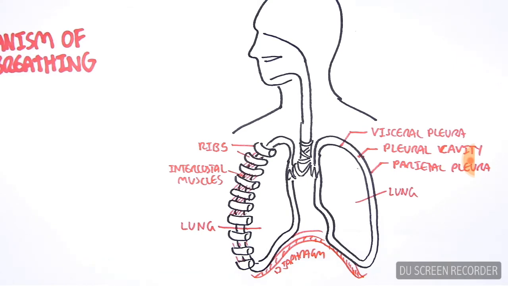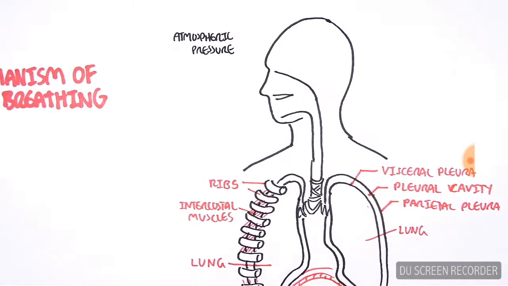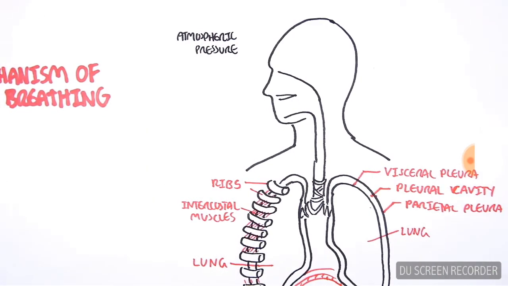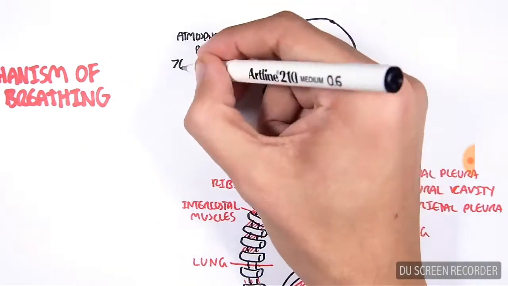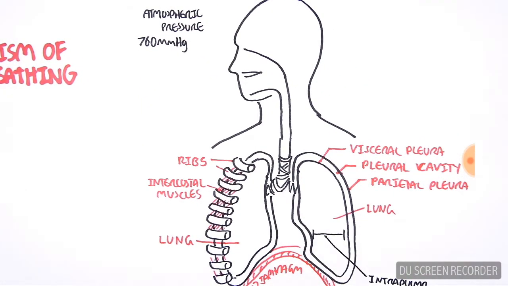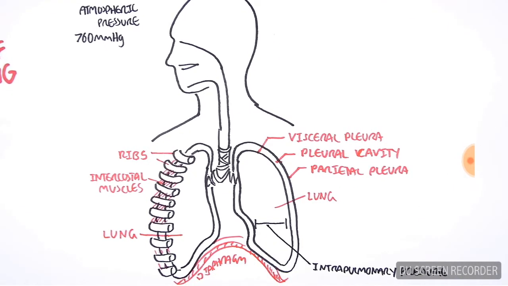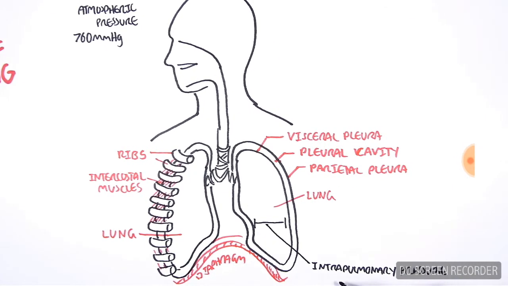Now that we know the muscles, let's learn about the pressures. Outside our body, there is atmospheric pressure, which we measure to be 760 millimeters of mercury. In our actual lungs, there is pressure that we call intrapulmonary pressure, which complements the atmospheric pressure, so it's balanced at 760 millimeters of mercury.